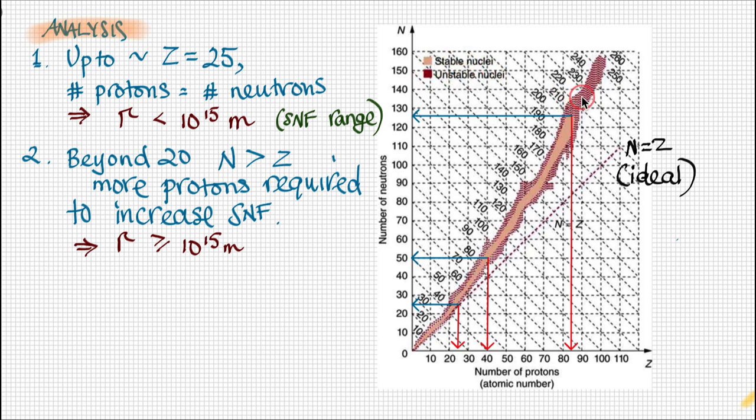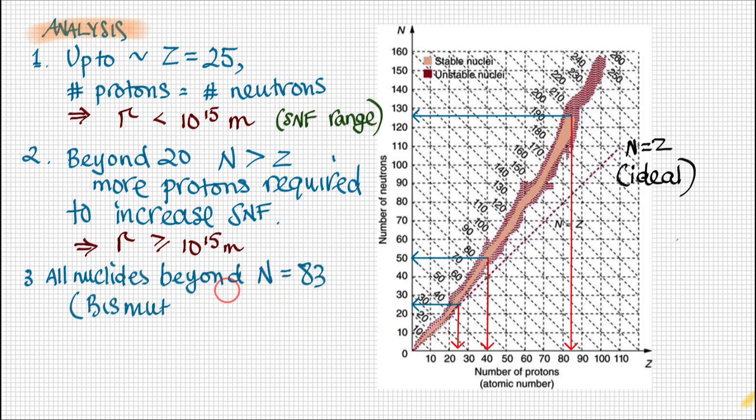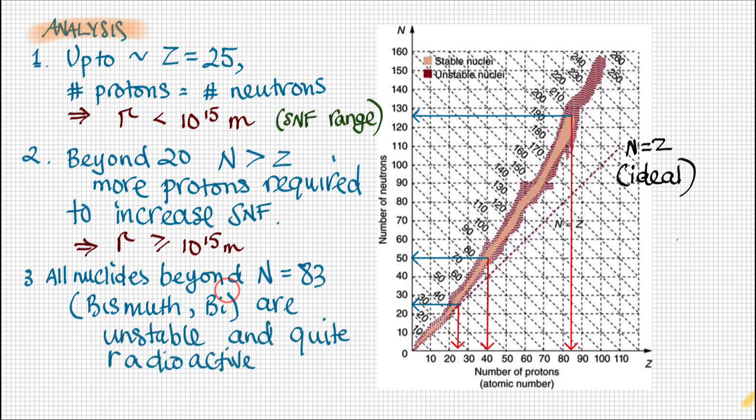In fact, they start to become very unstable. So we can conclude that all nuclei beyond Z equals 83, and by the way, that represents the atom bismuth, are unstable and therefore quite radioactive because they tend to lose nucleons, so they cannot be held anymore within the nucleus.